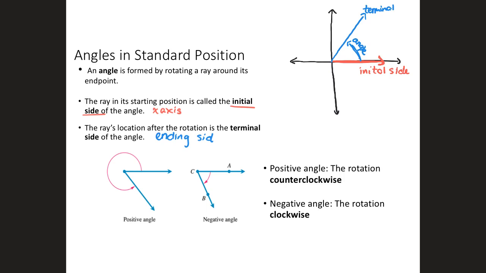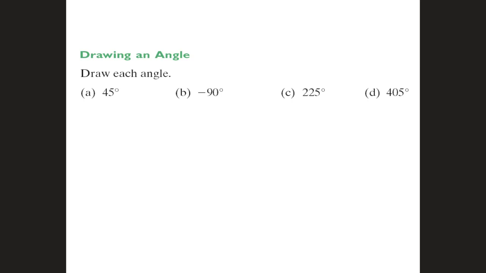So starting from the x-axis, rotating up is a positive angle. And if you rotate down, in other words, you're rotating clockwise, this would be a negative angle. Okay, so we're going to do a little bit of drawing and angle practice.